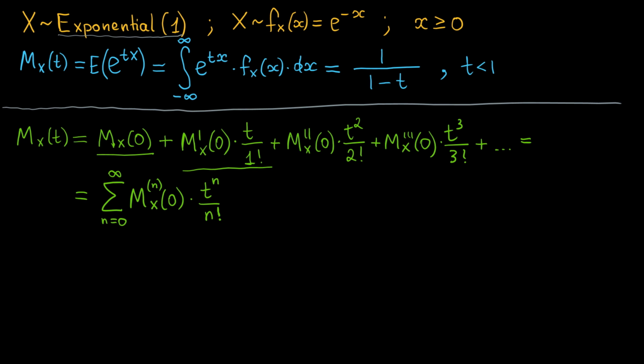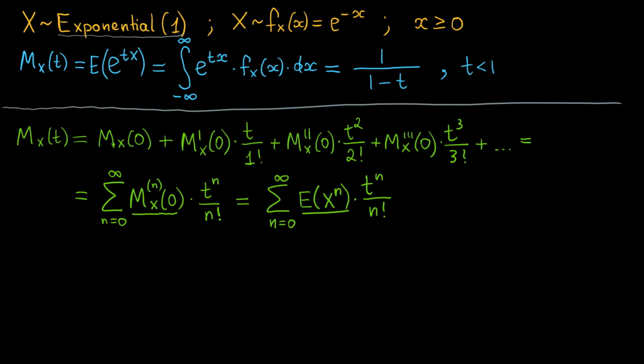So that looks correct. And we've seen that alternatively this can be written in terms of raw moments, where now instead of the nth derivative of the moment generating function evaluated at 0, we'll write the raw moment, which is the expected value of x to the power of n, times t to the power of n over n factorial.